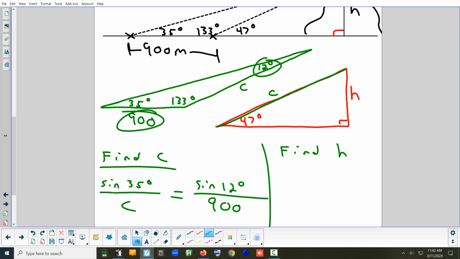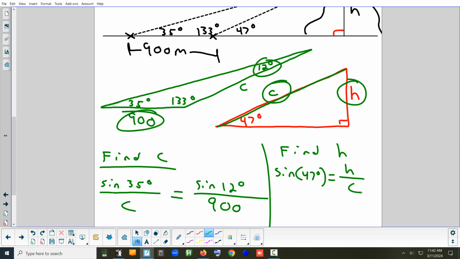Sine, because it's opposite over hypotenuse. And what would that be when you set that up? Sine 47 equals H over C. H just stands for height in this problem, not hypotenuse.